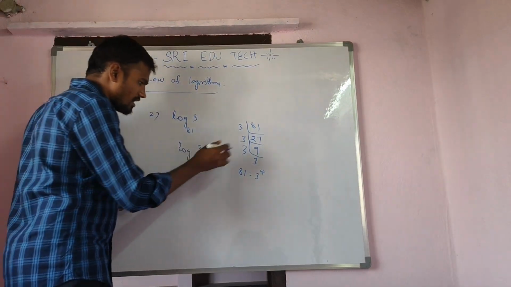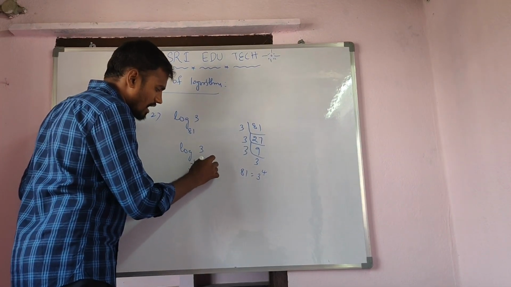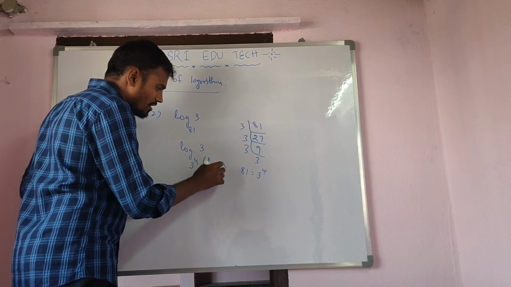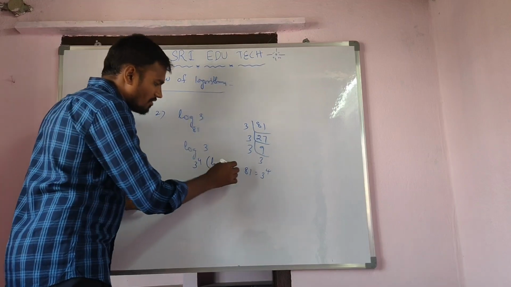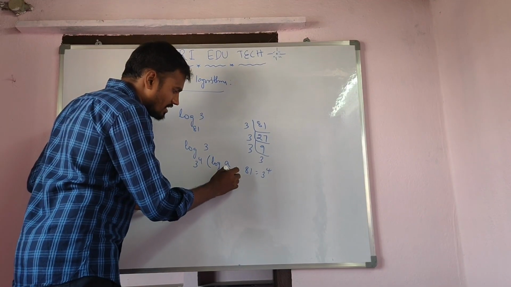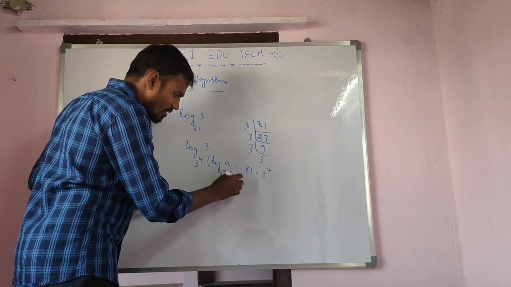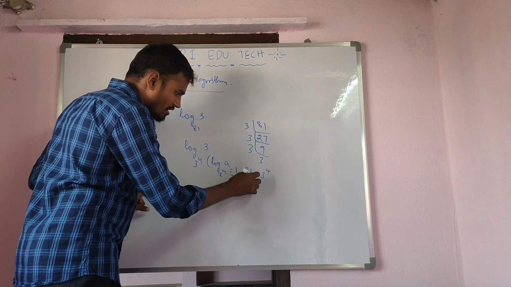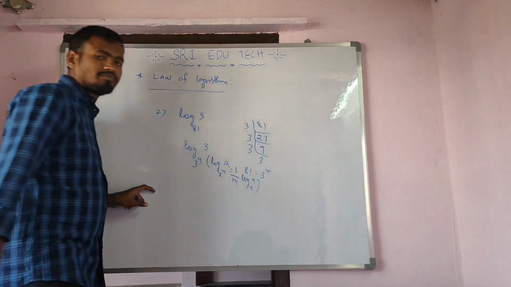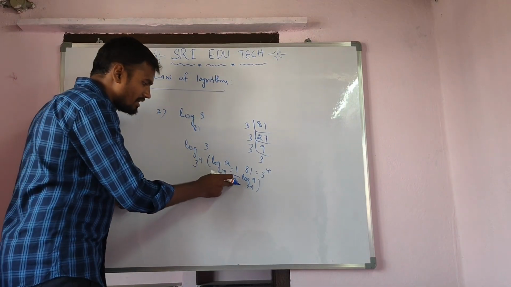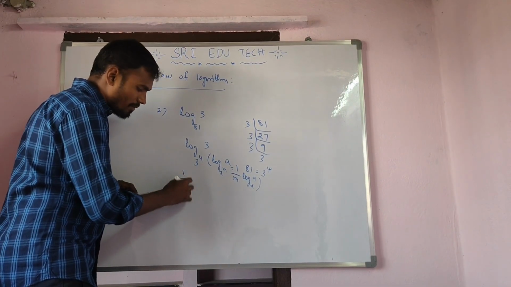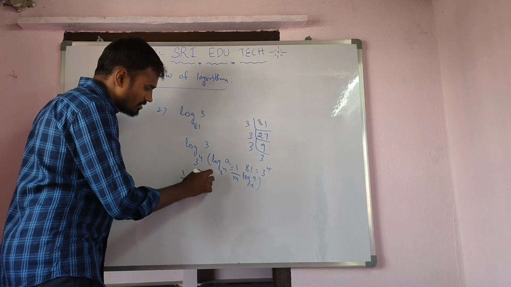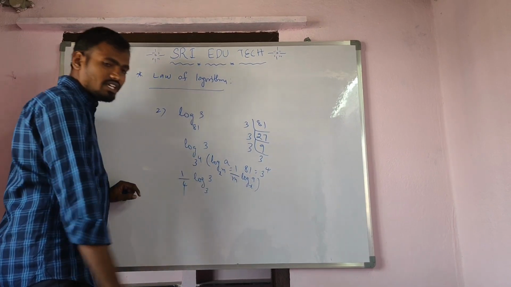Right? You have one formula. What is that? Log a to the base x to the power of m is equal to 1 by m log a to the base x. Okay? And what is m here? m is 4. Then you write 1 by 4, then log 3 base 3.